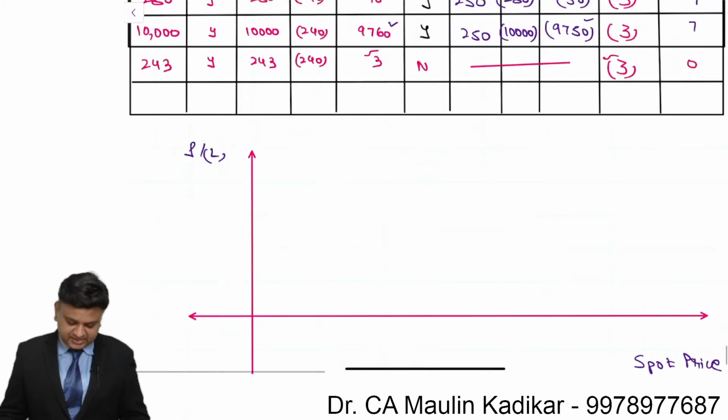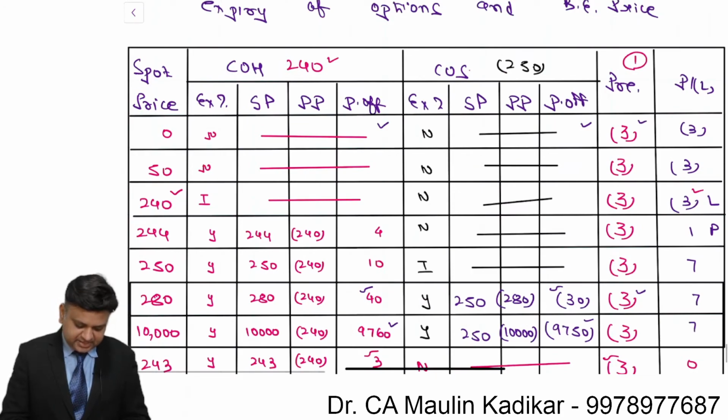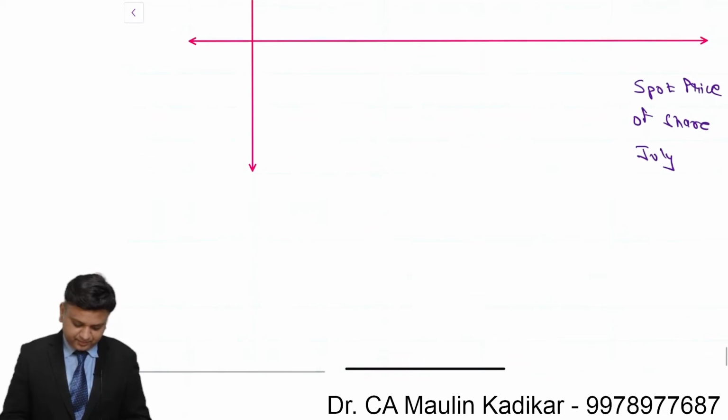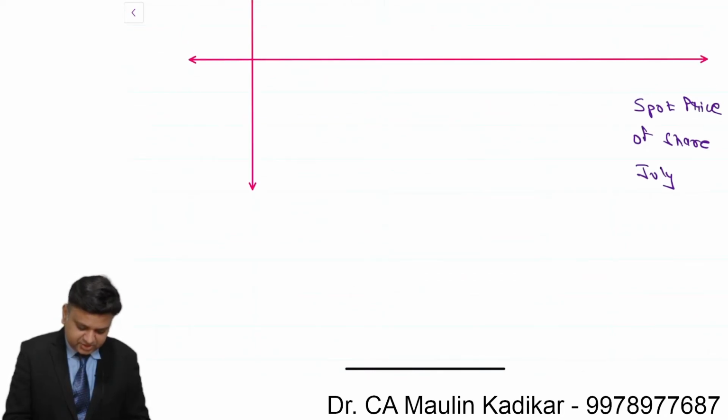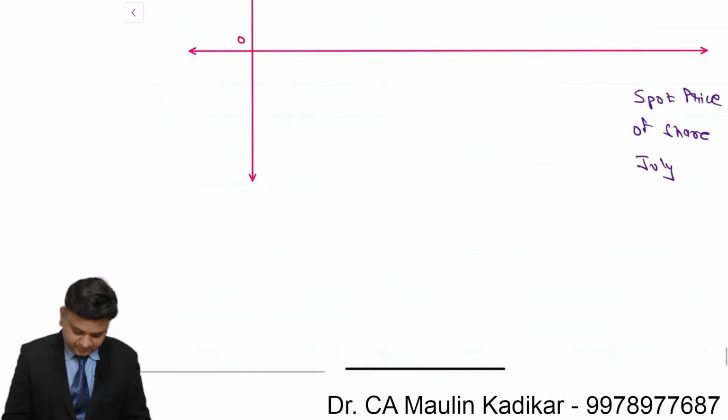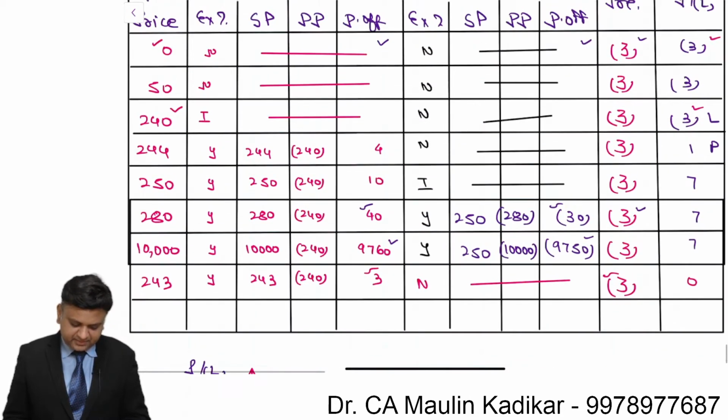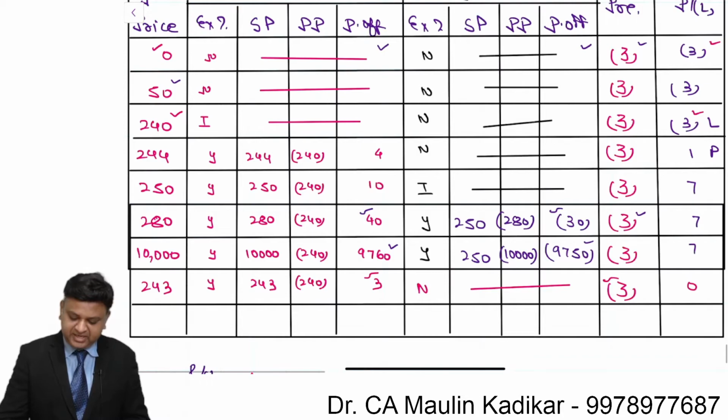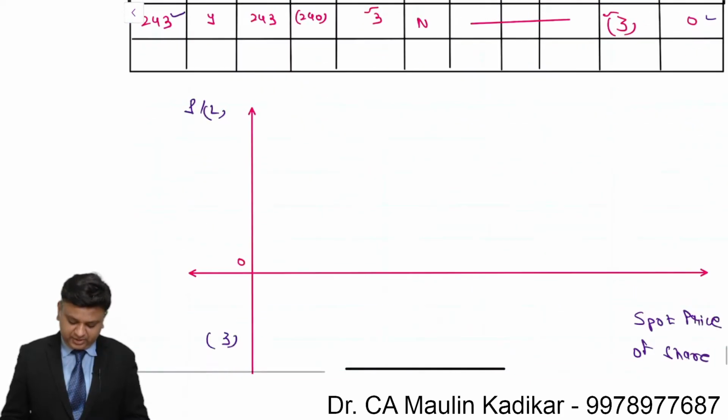So now we understand that we always start with the 0. When the spot price of the equity share is 0, there is a loss of rupees 3, so 3 rupees is the loss, plotted over here. When the price increases to 50, again the same loss. 240, same loss. 243, it is converted to the break-even point.